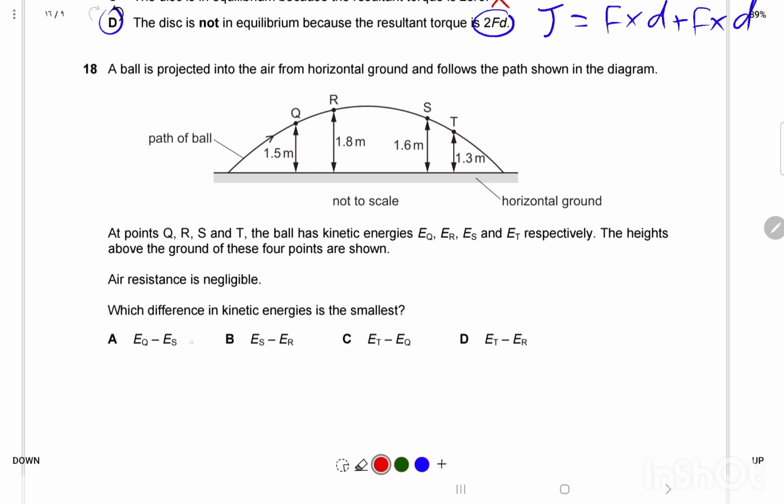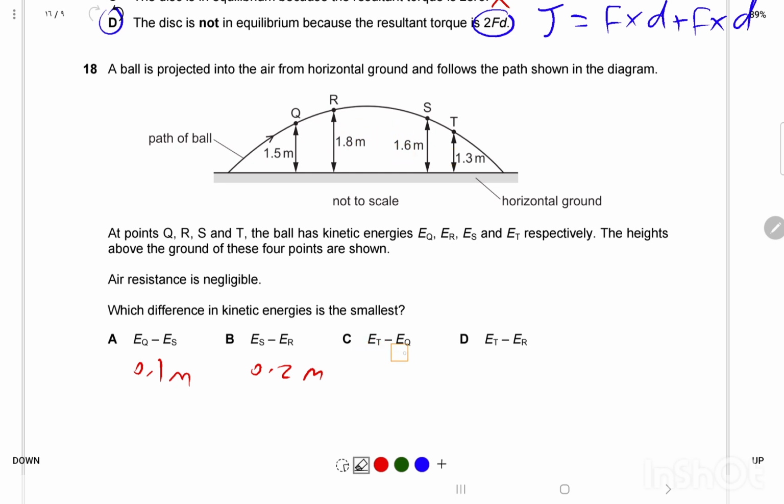EQ minus ES: Q is 1.5 and S is 1.6, so the difference in height will be 0.1. For B, ES and ER, we compare these two, and the difference would be 0.2 meters.